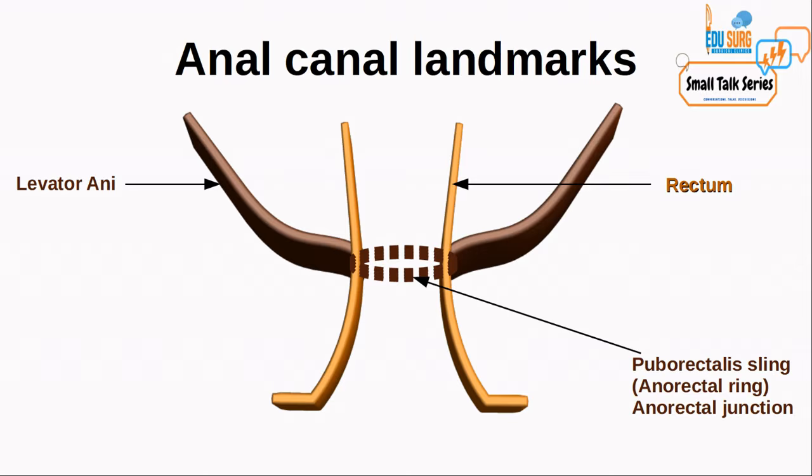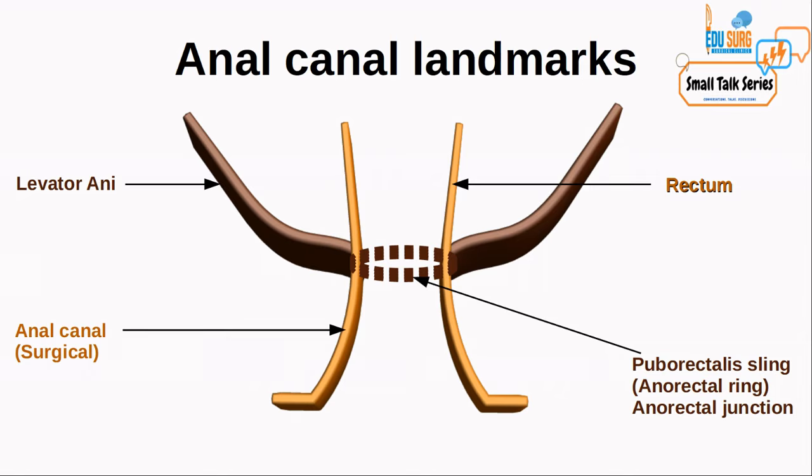So the rectum becomes the anal canal below the levator ani or the puborectalis sling which forms the anorectal ring, and this point is known as the anorectal junction. Now this anal canal, that is the entire anal canal below the levator ani, is actually the surgical anal canal, right? So there are two major types of anal canals, the surgical anal canal and the anatomical anal canal.